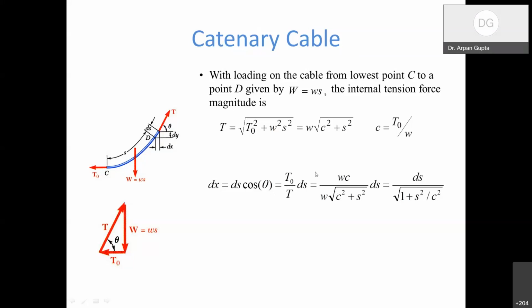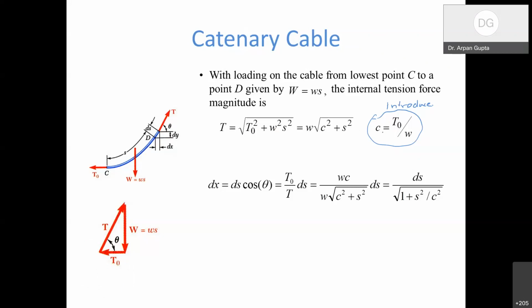Now here we have introduced another variable, which is c. This c is just to simplify the mathematical analysis, and we will see it really simplifies things.